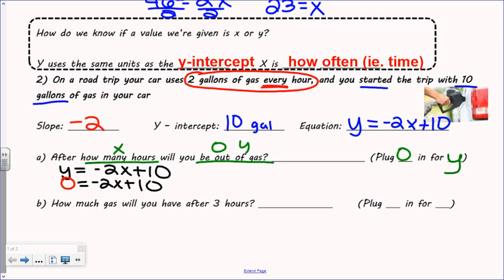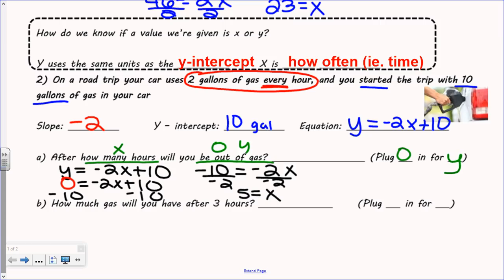So now we have an equation we're going to solve. We're going to subtract 10 from both sides. We're left with -10 is equal to -2x. And now we're just going to solve for x by dividing by -2 on both sides. So 5 is equal to x.